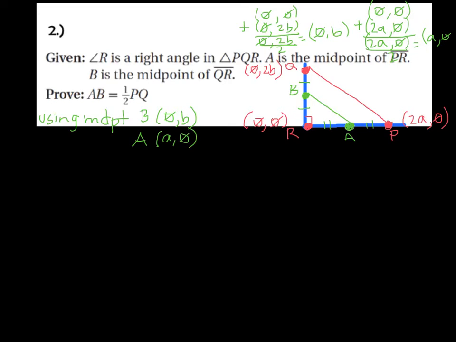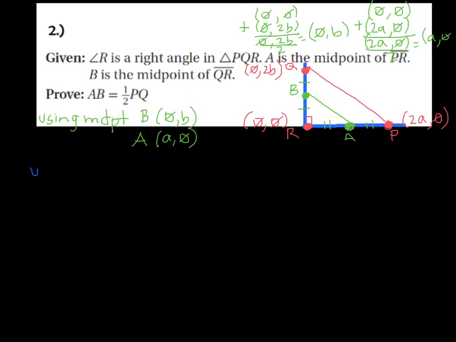Now that I know those coordinates, what I'm trying to prove is that AB, this distance, is half the distance of PQ. So I need to use the distance formula.